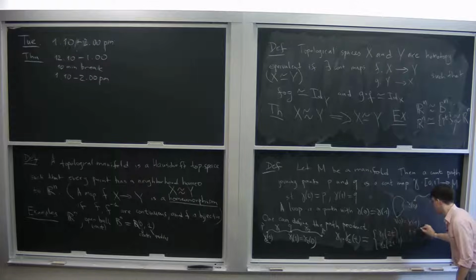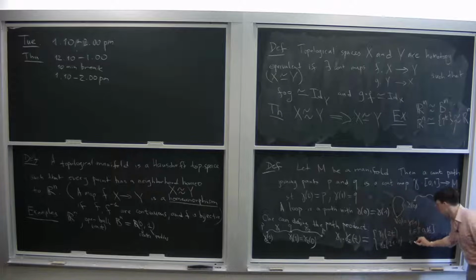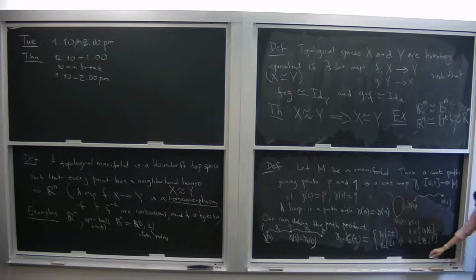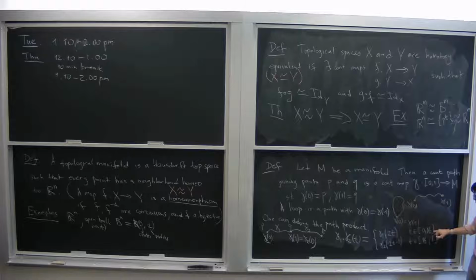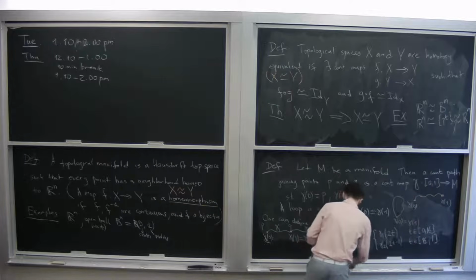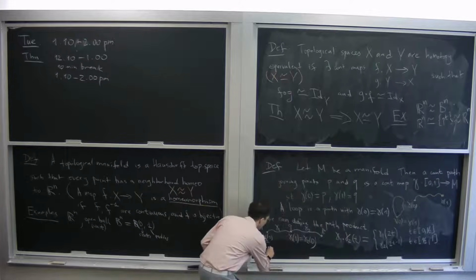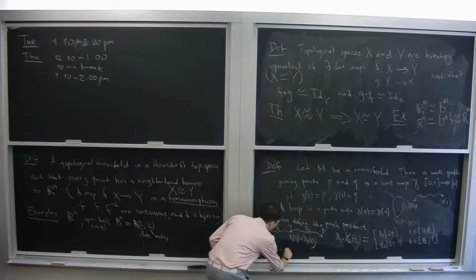So t belongs to the half segment from 0 to 1 over 2 in the first case, and here t belongs to the remaining part, 1 over 2 to 1. Let us check. If t equals 1 over 2, then it is gamma 1 of 1. Sounds correct.